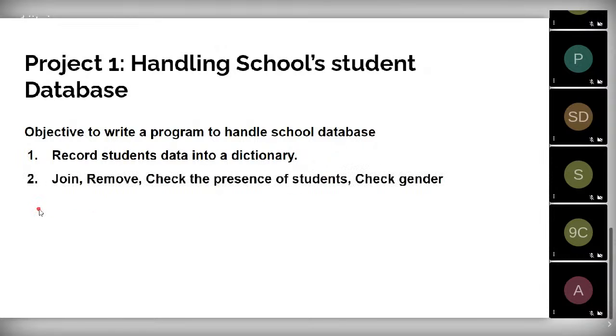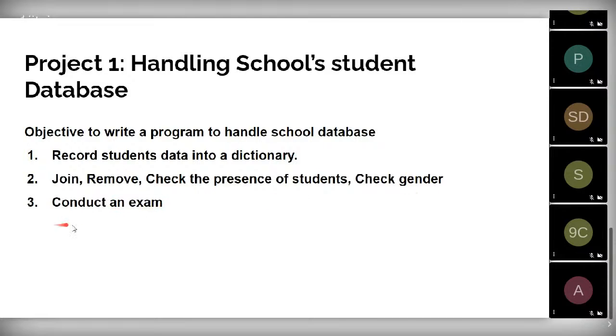Now, what should be the methods inside our project: to join a student, to remove a student, and to check the presence of a student. Check the presence of a student tells us if this student is present or not. And next, check gender, so either it is a boy or a girl.